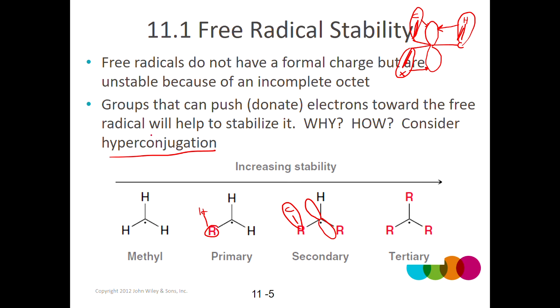So free radicals are also stabilized through hyperconjugation, just like carbocations. They don't involve any charge, but they are not in complete noble gas configurations, and so shifting some electron density in there helps to get that carbon closer to completing its noble gas configuration and makes it a little bit more stable. So the more R groups there are, the more stable it is due to hyperconjugation occurring from more sides, instead of just 1, 2, or in the case of a methyl, 0 hyperconjugation whatsoever.